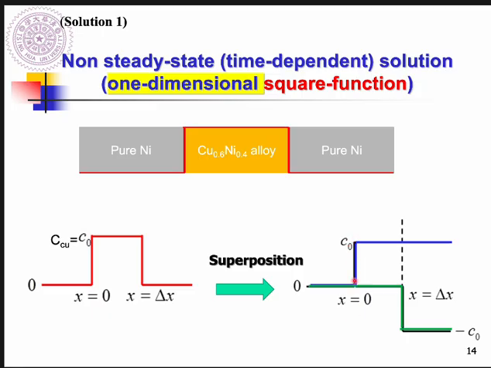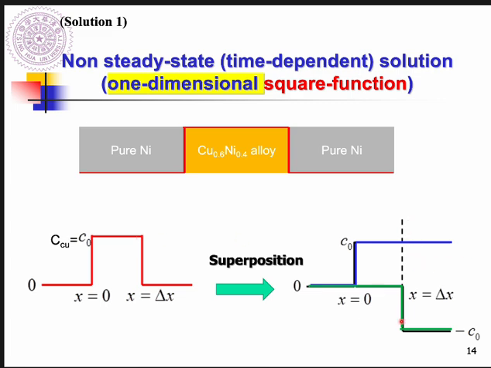While x is smaller than 0, we get 0 here and also 0 here. While x is in between 0 and delta x, I have C0 plus 0, so I get C0. Within this region the concentration equals C0.